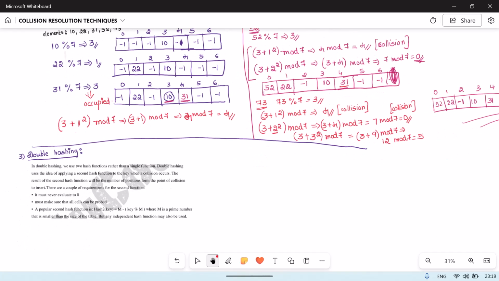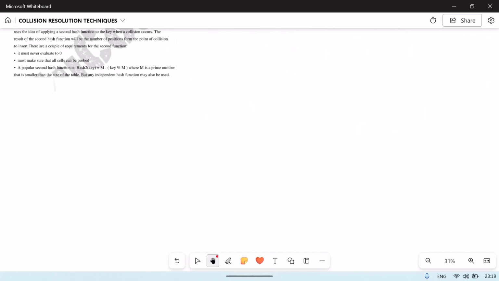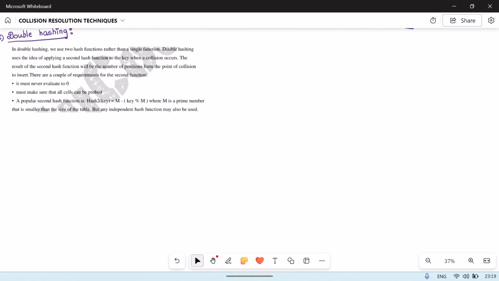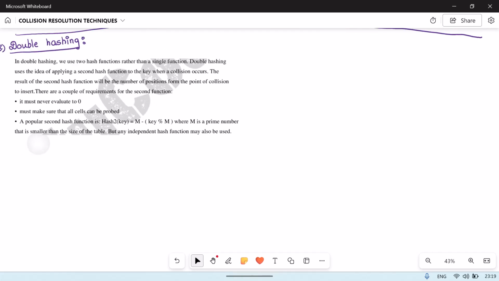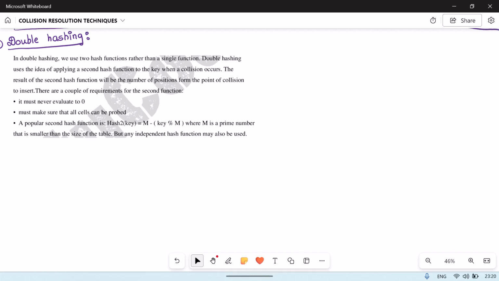Okay, third technique, double hashing. This one is also asked a lot. So let us look at this one. It says in double hashing, we use two hash functions rather than a single function. So instead of using one function, we are going to use two functions.